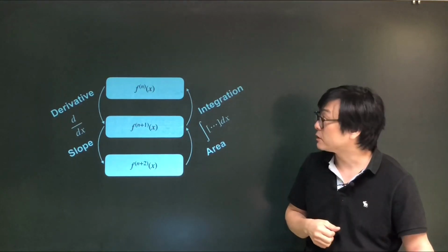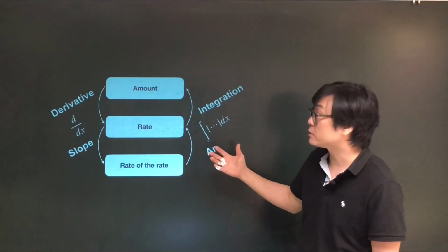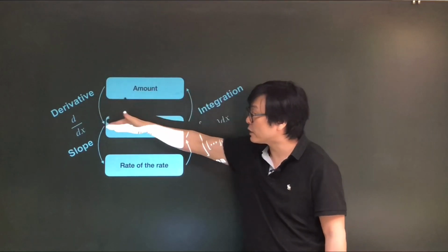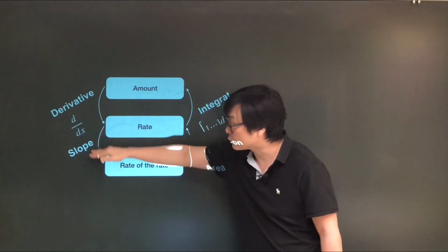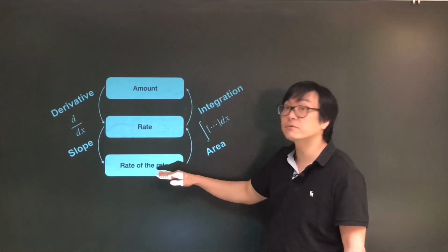Even if you have a word problem, this is the same relation. From the amount, if you take the derivative, you will get the rate of this amount. If you take another derivative, then you will get the rate of the rate.